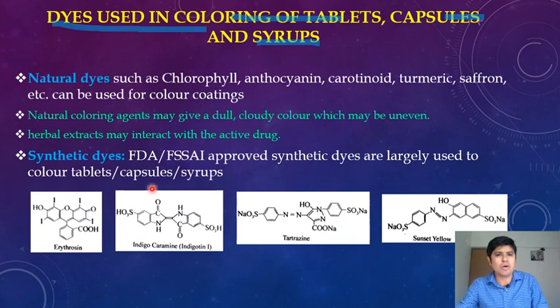The second disadvantage is that herbal extract may interact with the active drug. The dye which is derived from a natural product like turmeric, from the root of turmeric, may interact with the active drug components of the tablet or capsule.